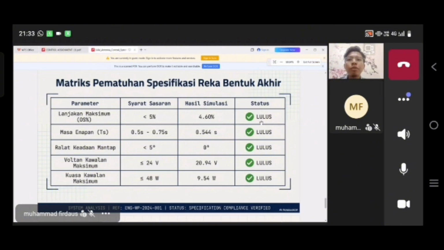So this is the design performance verification summary. First, maximum overshoot, which is required to be less than 5%, and we get 4.6. The next is settling time, which is required to be 0.5 until 0.75, and we get 0.544 seconds.